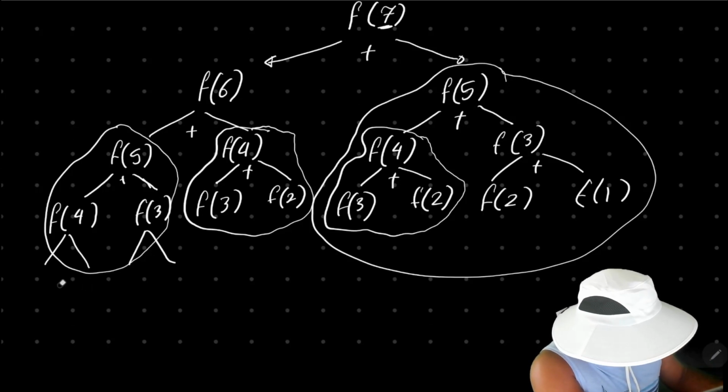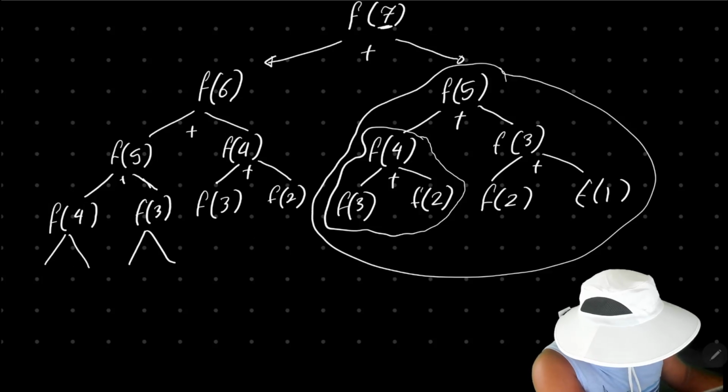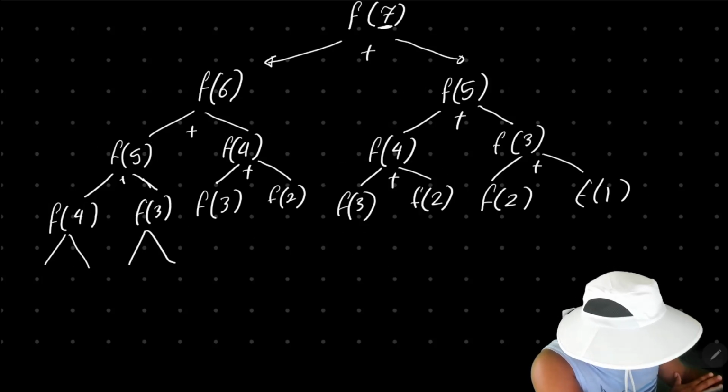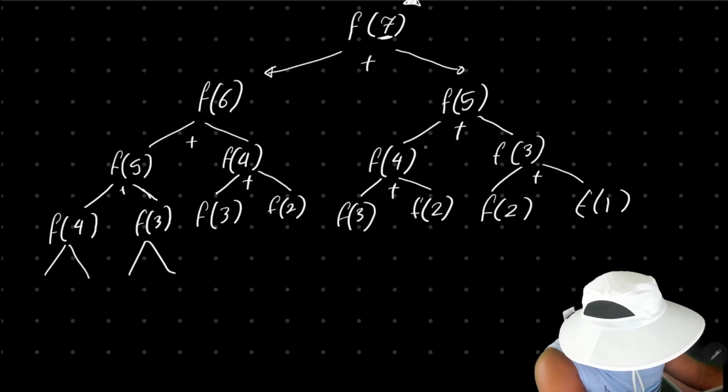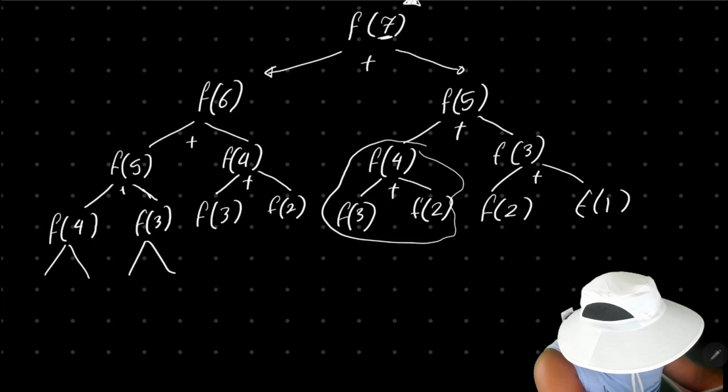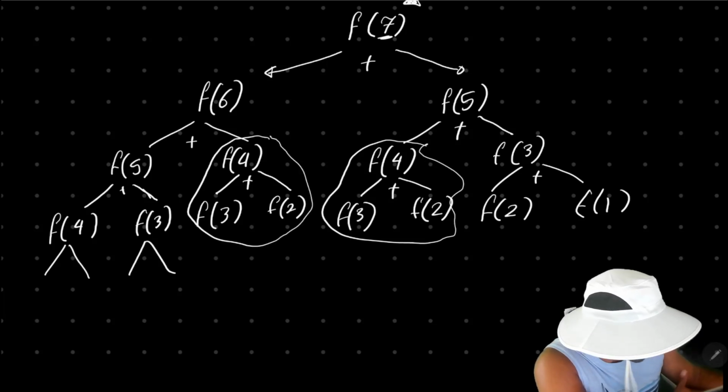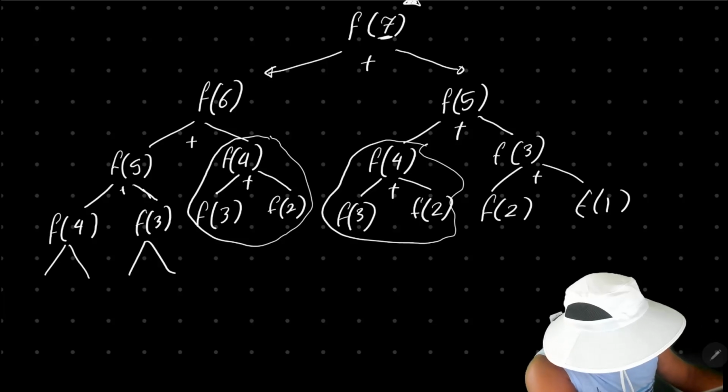So that's an issue. We are redoing sub-problems. When I say sub-problems, I'm talking about the subtrees. So we're redoing this guy, which is the same as that guy, and that's a waste of time, memory, and so on.